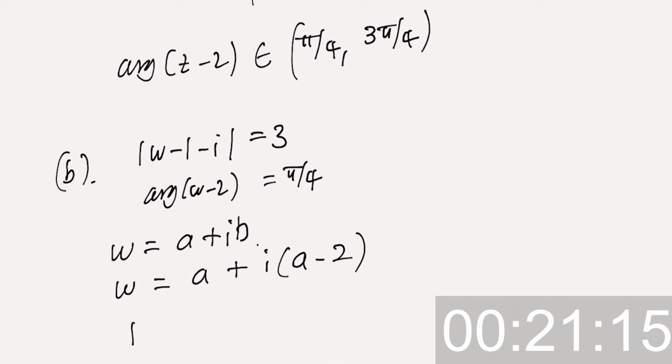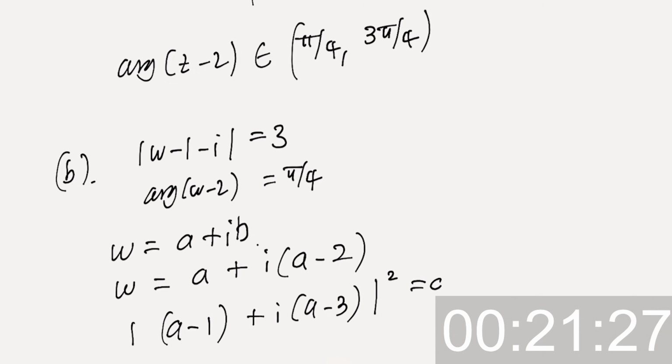Right, so W has to have that form, and I also know that its length is 3. What does that mean? If I square that out, the modulus of (a minus 1) for the real part, plus i times (a minus 3), squared is 9.